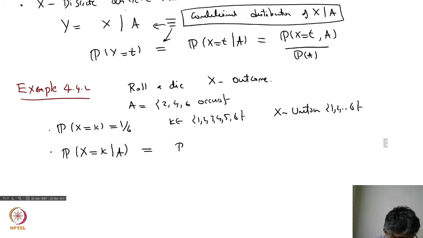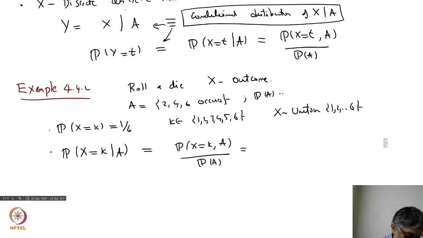This is the same as the probability of X equal to k and the event A, divided by the probability of A. The probability of A is 3/6, and that's a half. So this is going to be twice the probability of X equal to k and A.